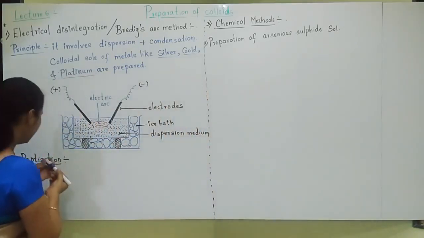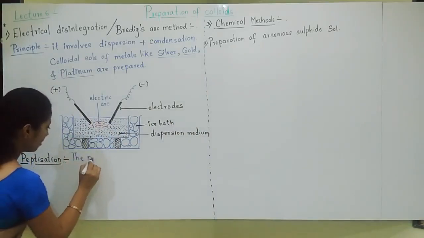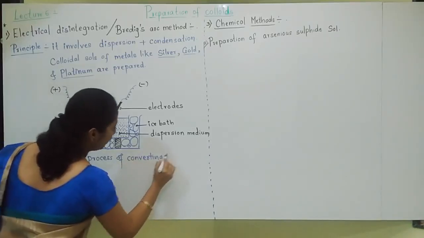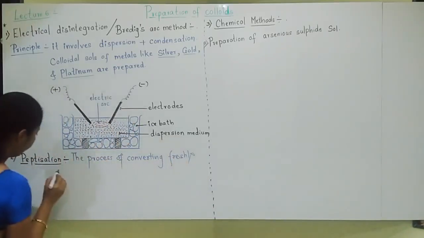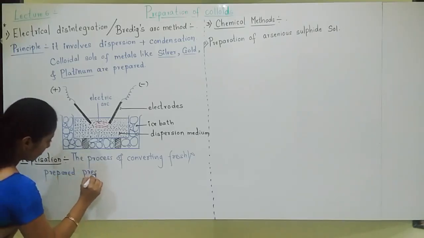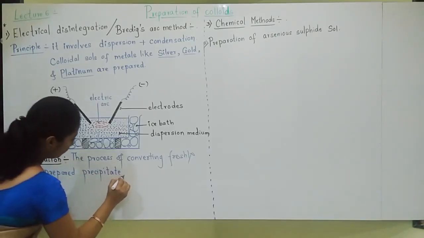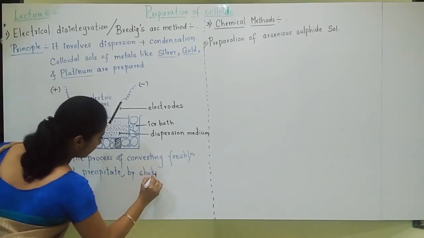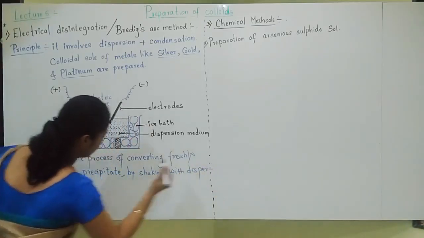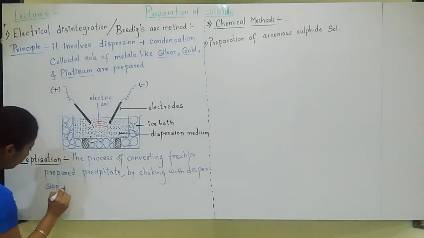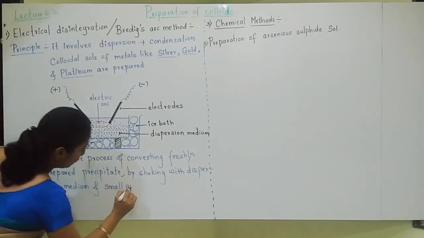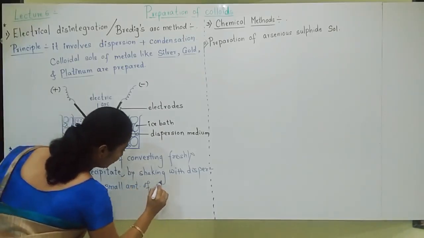Okay, so let us write the definition. Peptization, the process of converting freshly prepared precipitate by shaking with dispersion medium and small amount of electrolyte.